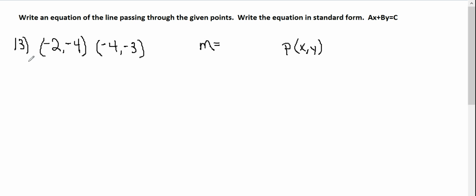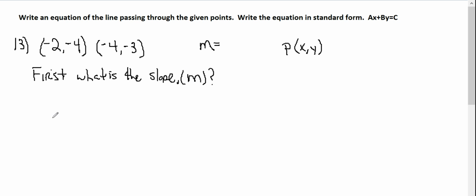All right, so first I want to figure out what is the slope, or m. So I need the slope formula, which is y2 minus y1 divided by x2 minus x1. That gives me what my slope is.